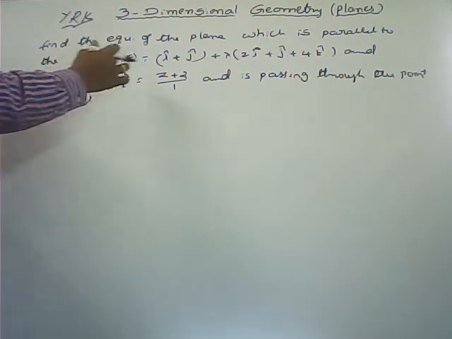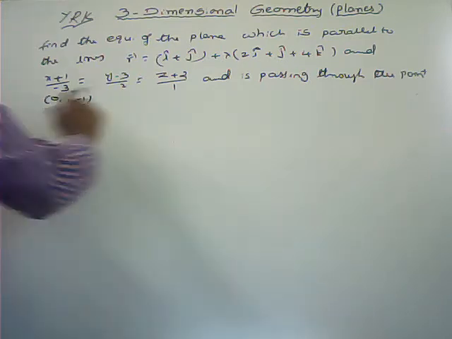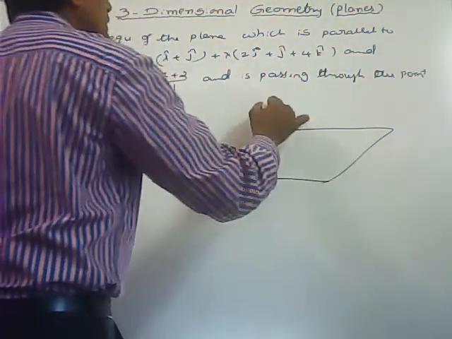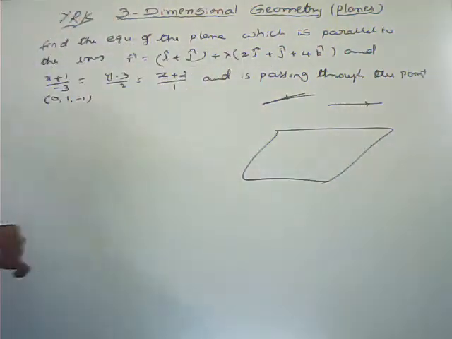Here one is in vector form and the other is given in Cartesian form. We want the equation of the plane that is parallel to the two given lines.